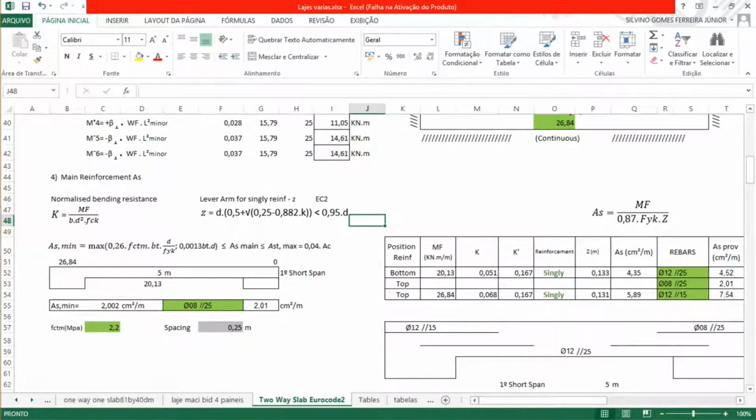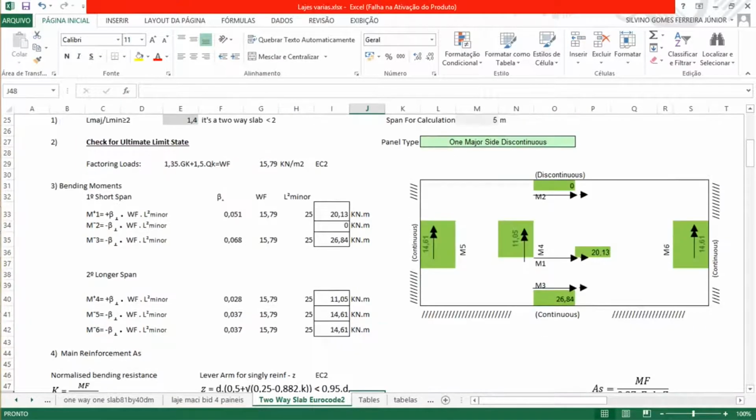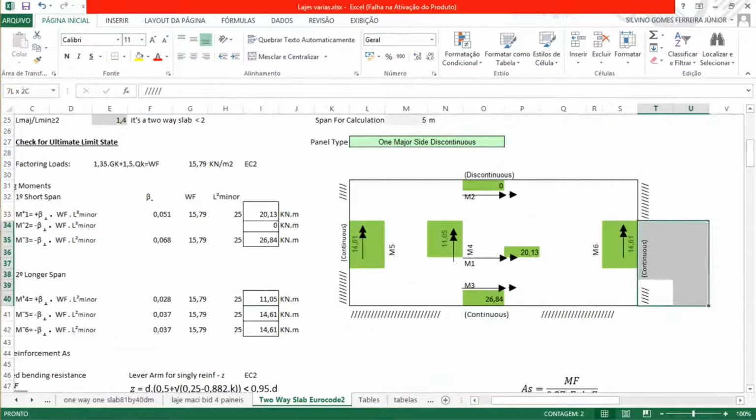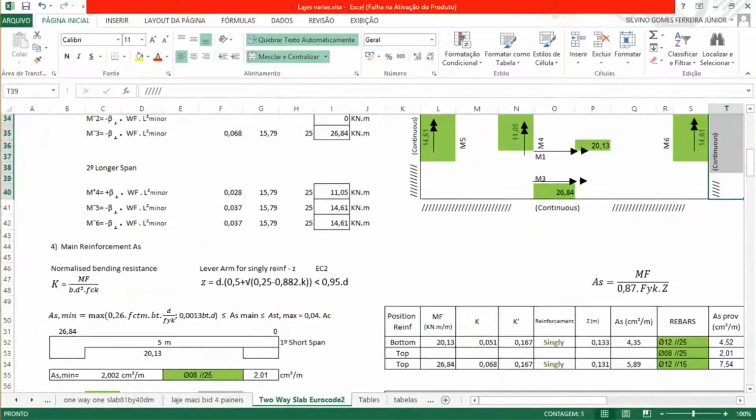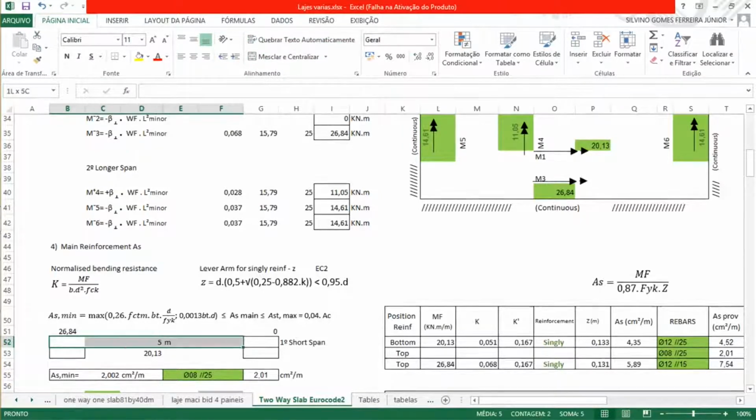So let's start with the shorter span. The shorter span, as we see here, will have this condition. On this side there will be rigidity. This is why I put it like this, and it has 5 meters.